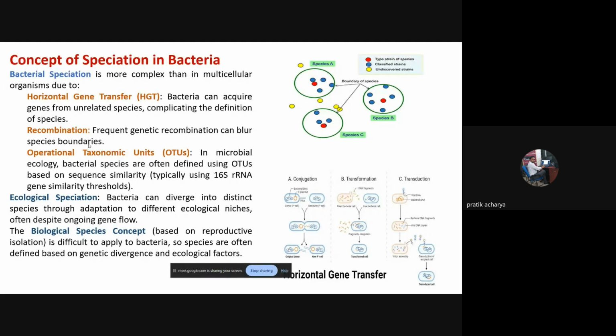Bacterial speciation. Ecological speciation: bacteria can diverge into distinct species through adaptation to different ecological niches. When bacteria are subjected to different ecological conditions, they face different challenges, and to adapt themselves to the changing environmental condition, they modify themselves to develop resistance in accordance with their challenges.